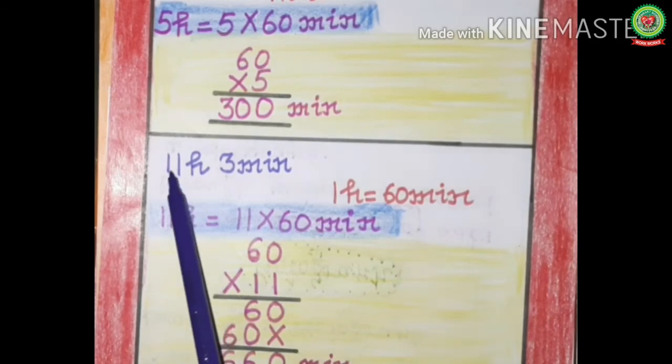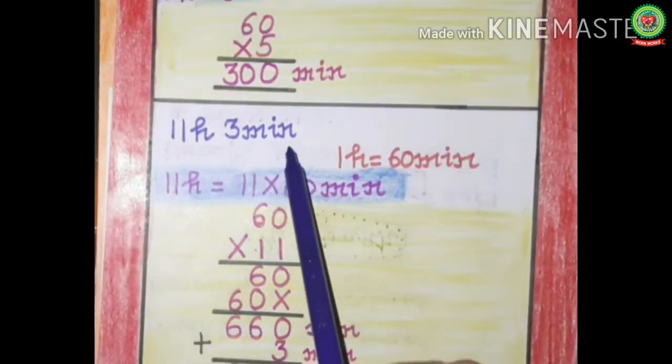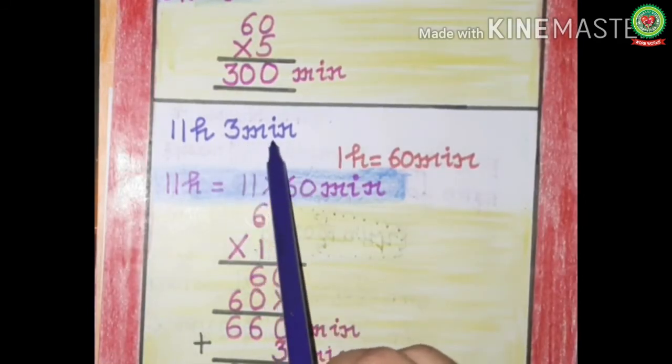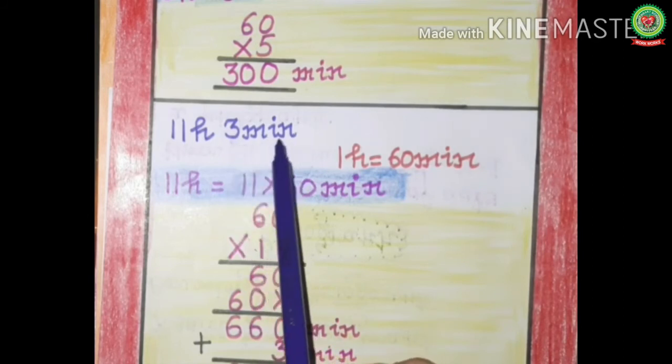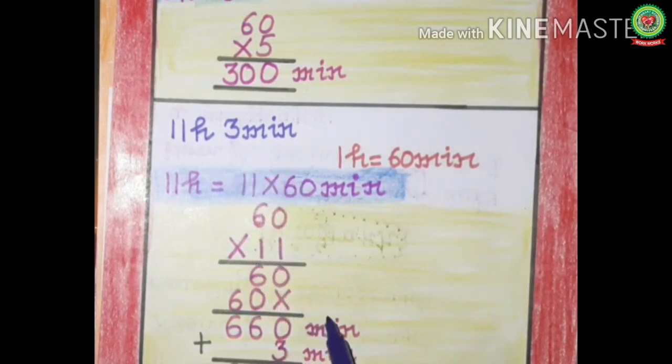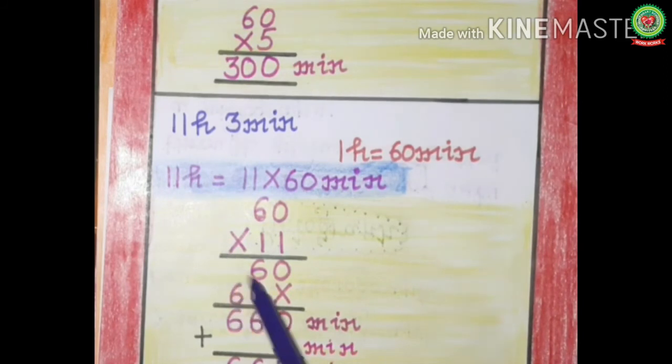Students, we have converted these 11 hours into minutes. But 3 minutes is left. So what will we do with these 3 minutes? We will add these 3 minutes to the answer of 11 hours converted into minutes.